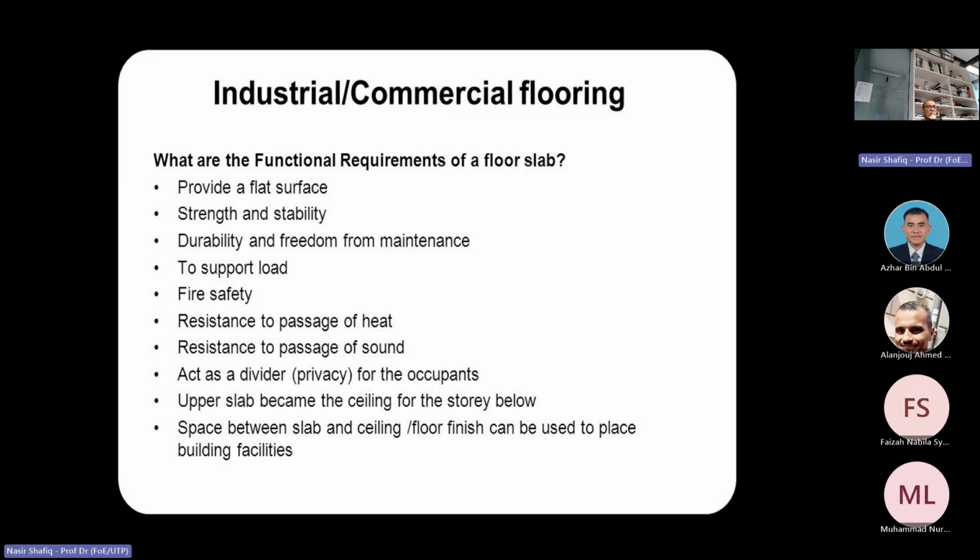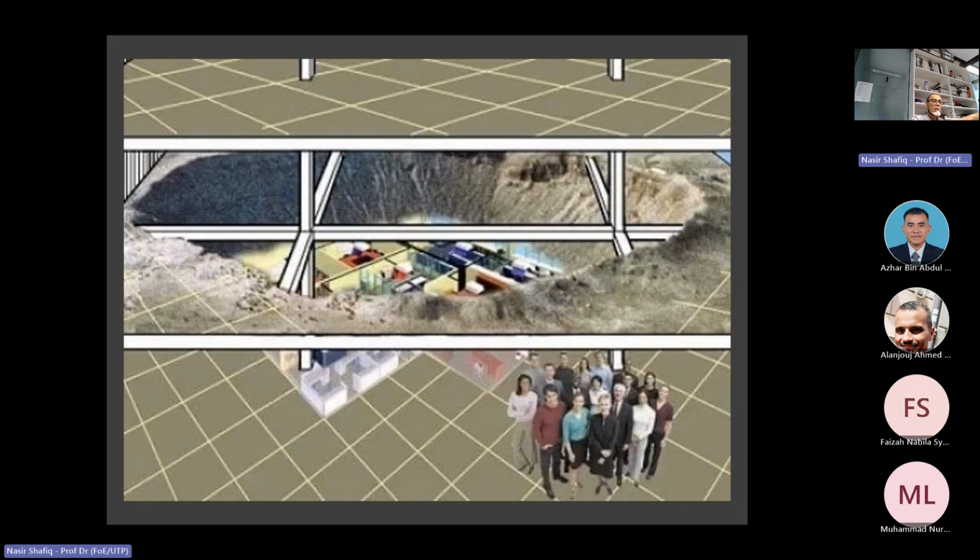If you go back, strength and stability is one of the requirements. It will not be uneven, for example. It should be a flat surface, because an uneven or bumpy surface will affect the walking of people, like in a corridor or a big ground where walking is there.